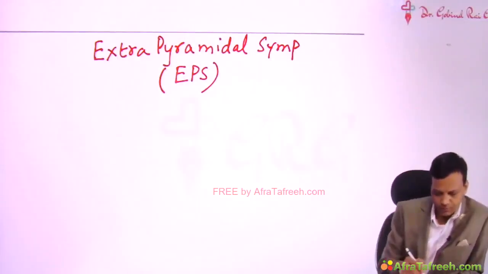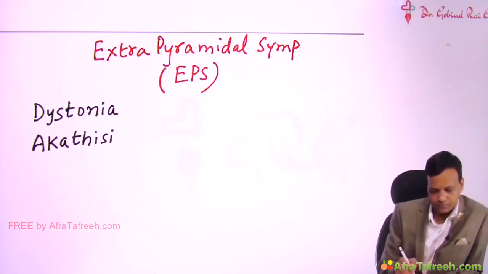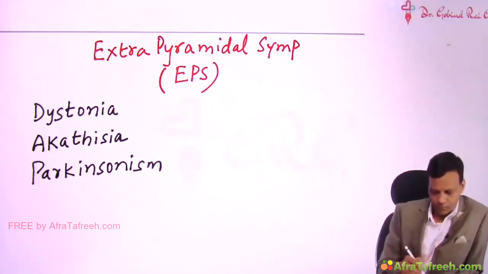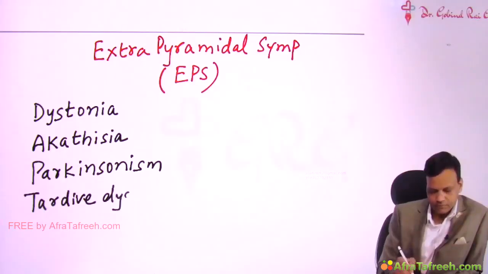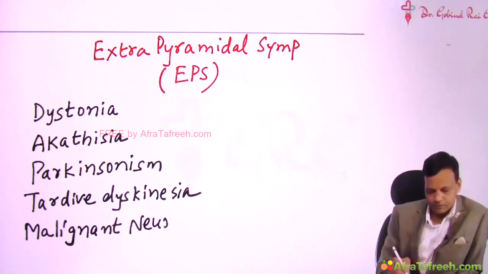These include acute muscular dystonias, akathisia, Parkinsonism, tardive dyskinesia, and malignant neuroleptic syndrome.